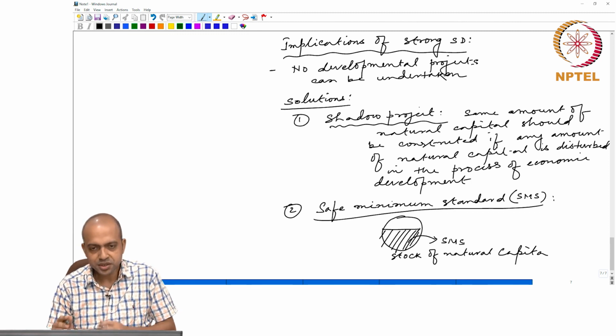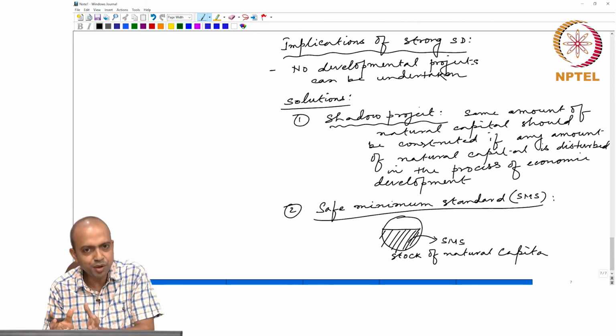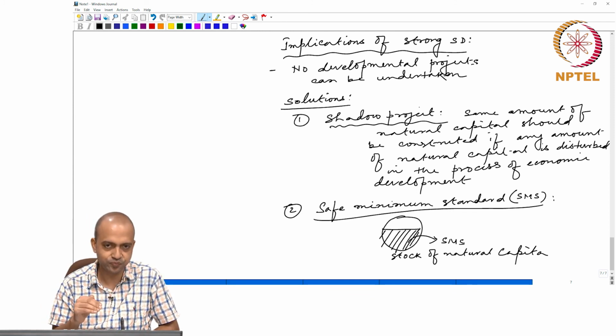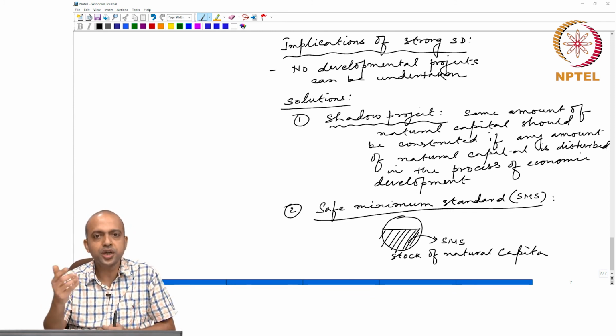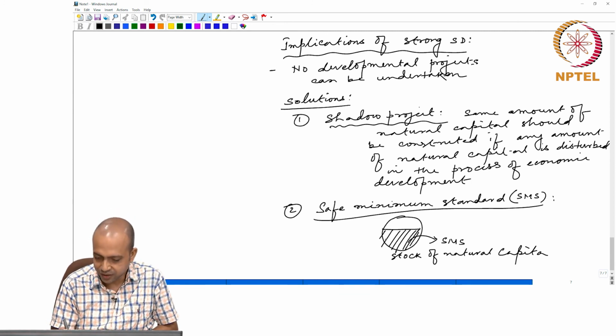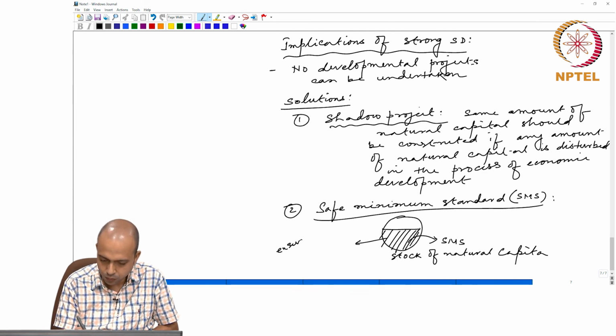Why it is called SMS? Because this much minimum amount of natural capital is adequate to ensure its regenerating capacity.